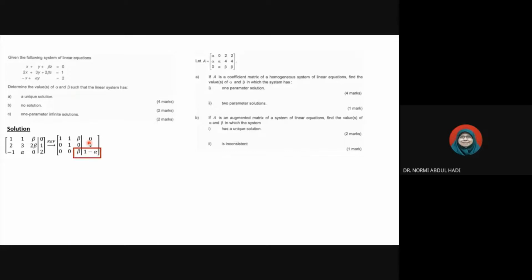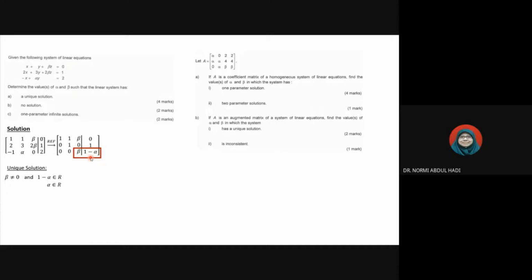So we can decide the type of solution based on the last row. For a unique solution, it happens when beta does not equal 0 and 1 minus alpha is any real number, where alpha is also any real number.